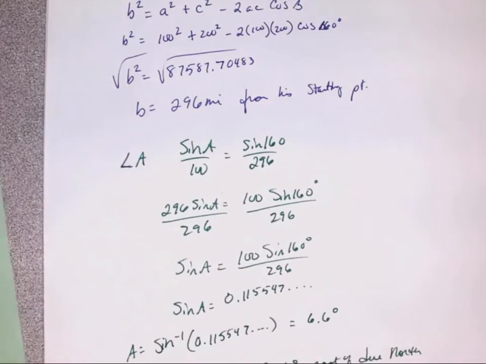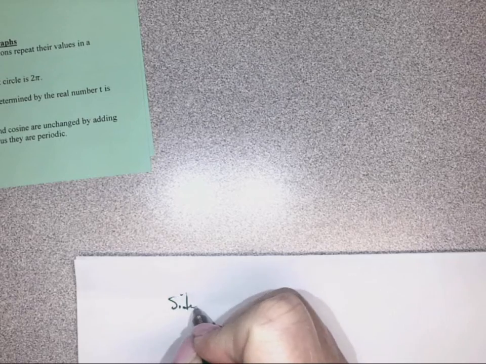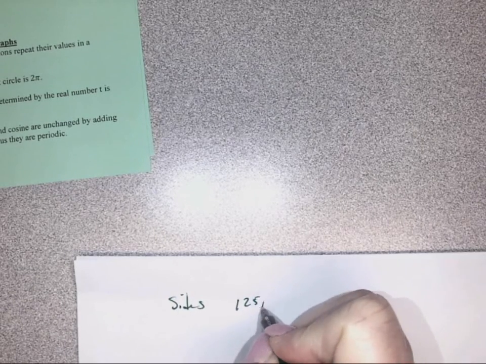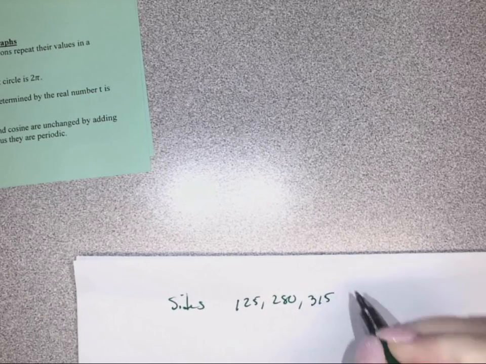All righty. Let's get a new piece of paper. So again, our three sides, which is what we need to know, are 125, 280, and 315.